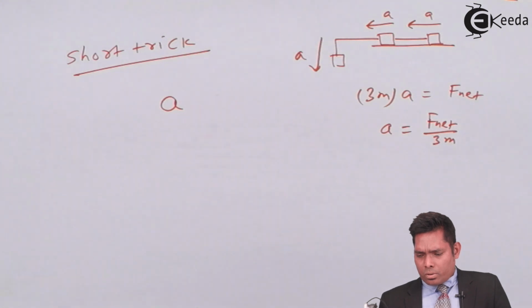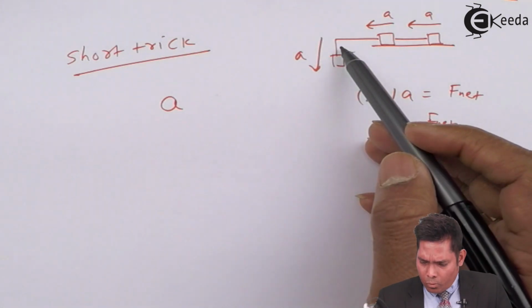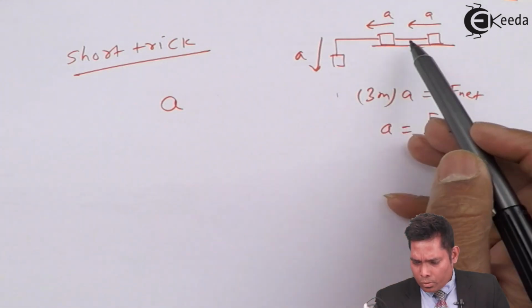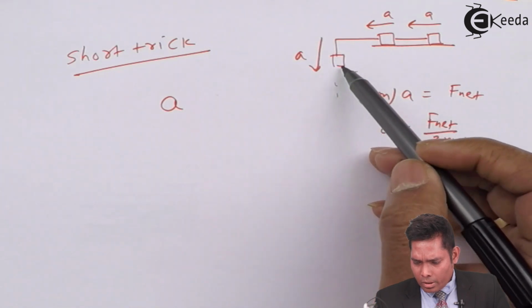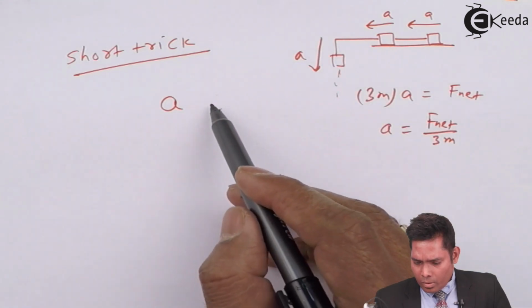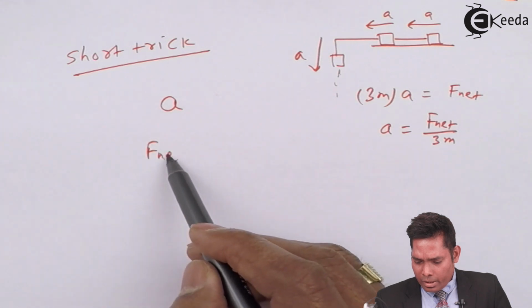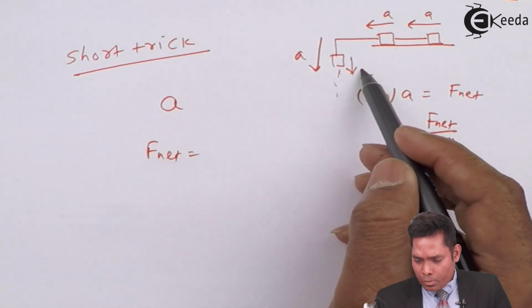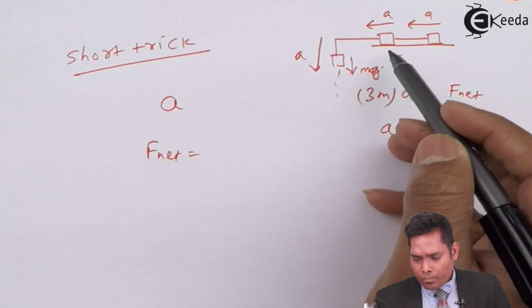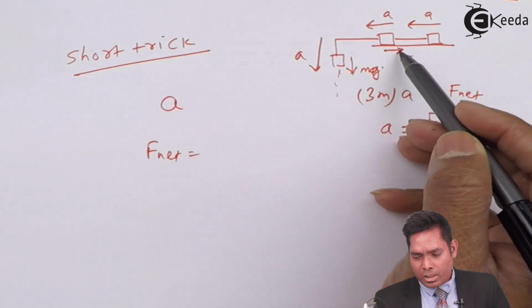What is the net force? What is the force which is pulling it down, and what is the opposing force? The force pulling it down is m1g. Here m1g is pulling down, and what is the force that is resisting?